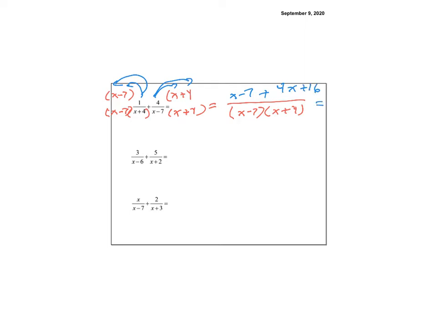This is like a 1x, so 1x plus 4x gives me 5x. Then a negative 7 plus 16 gives us plus 9. All over the common denominator of x minus 7 times x plus 4.